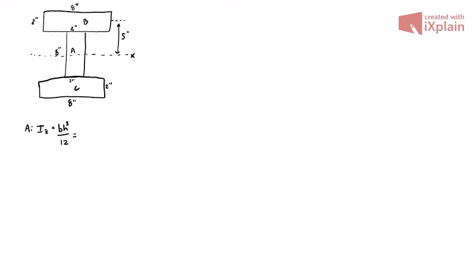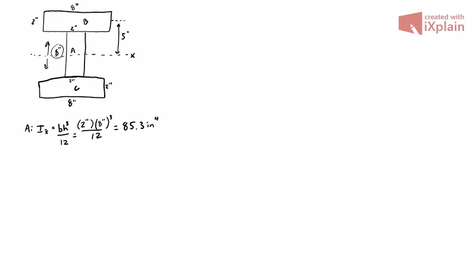For this, that's the 8 inches, because that shows how much area is getting moved away from the axis of rotation. So we have 2 inches times 8 inches to the third power all over 12, which gives us 85.3 inches to the fourth.